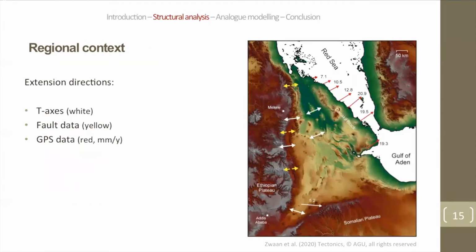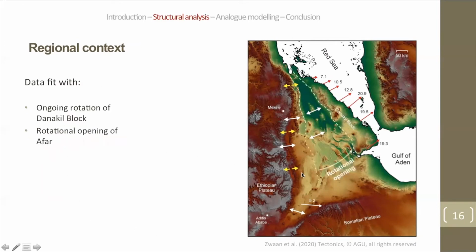And if we put this now in a regional context, we can plot the T-axis, we can plot our fault data or the extension directions from our fault data, and we can also put some GPS data in there. And this all really nicely fits with the rotational opening of Afar at the moment due to the rotation of this Danakil block, which is rotating about a rotation axis somewhere here north of the Gulf of Zula.